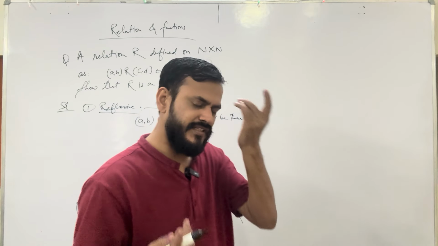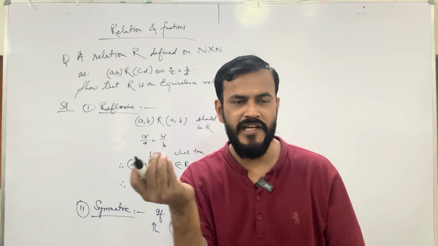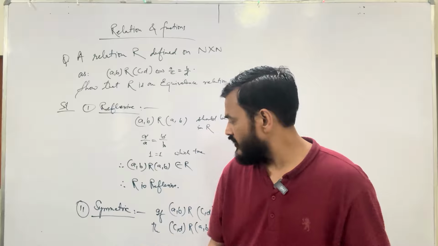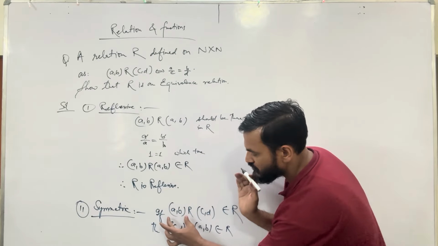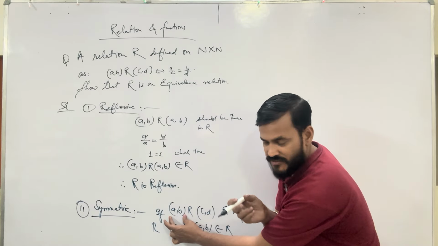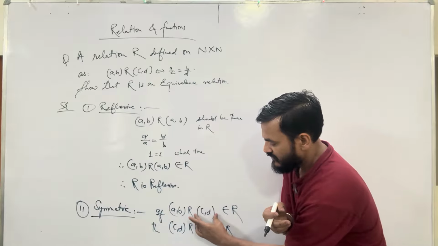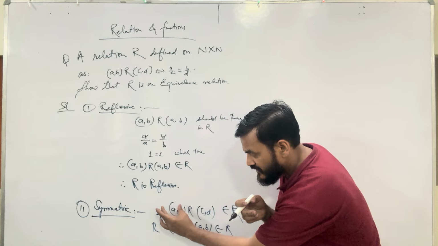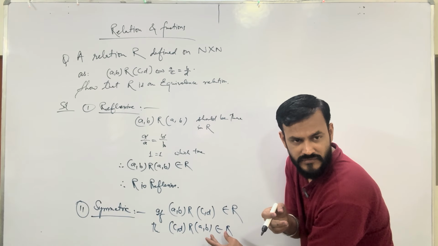Like you think in terms of a simple relation: if (a, b) belongs to R, then (b, a) should also belong to R. Now here, you should treat this ordered pair as a single element. So (a, b) and (c, d) belong to R. Therefore, you should flip it. (c, d) and (a, b) should also belong to R, right?